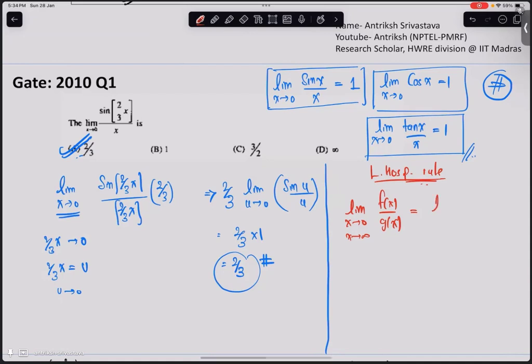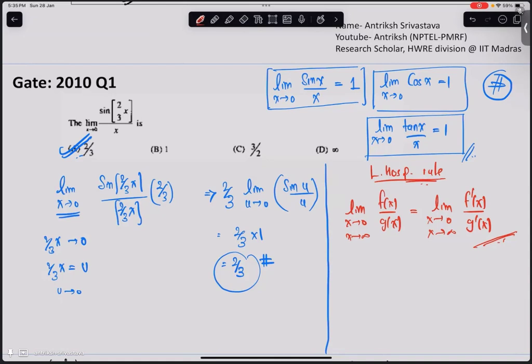So you can replace this by f dash x by g dash x. And often when you do these things, you will see that the complicated part like the 0 by 0 will get cancelled, and you will end up with some constant or some whole number, and you can write that easily as the answer. So let's do the same thing in this question.